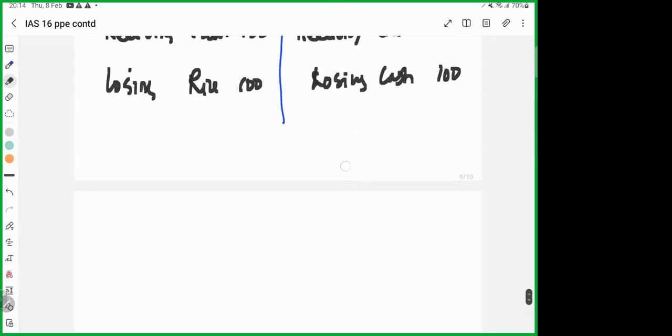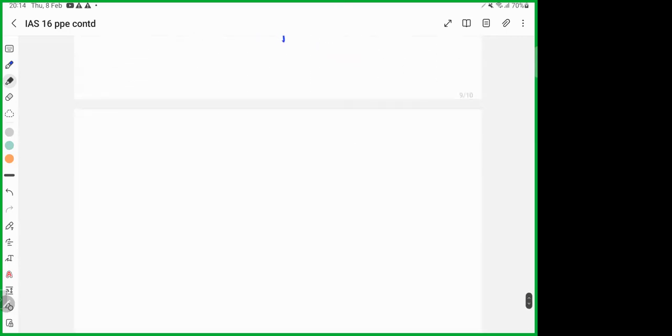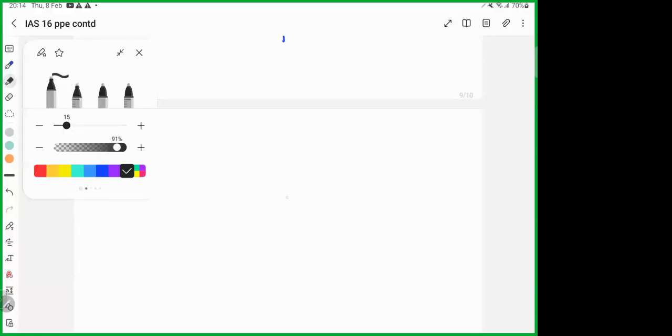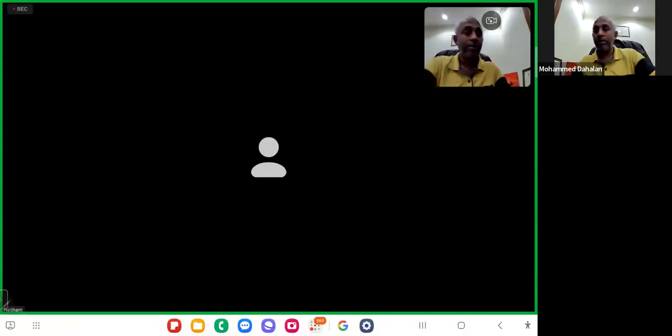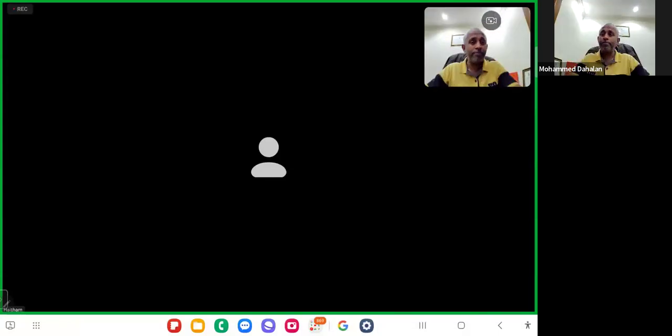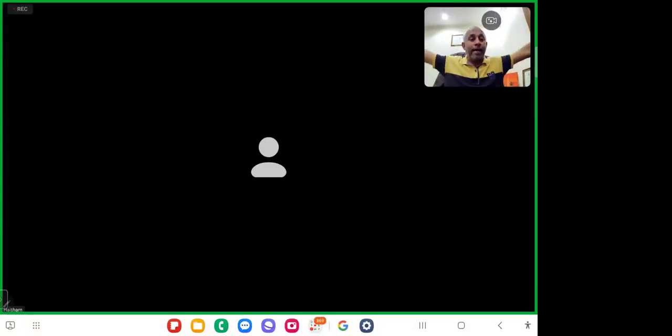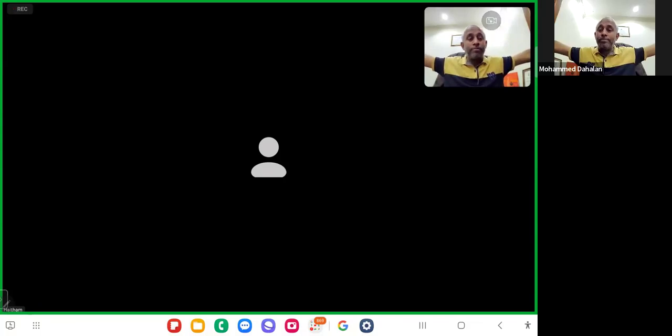And you see another interesting way of identifying the T account. If you go in front of the mirror, can you see me? Now can you see me? So the T account, ledger account, is like this.